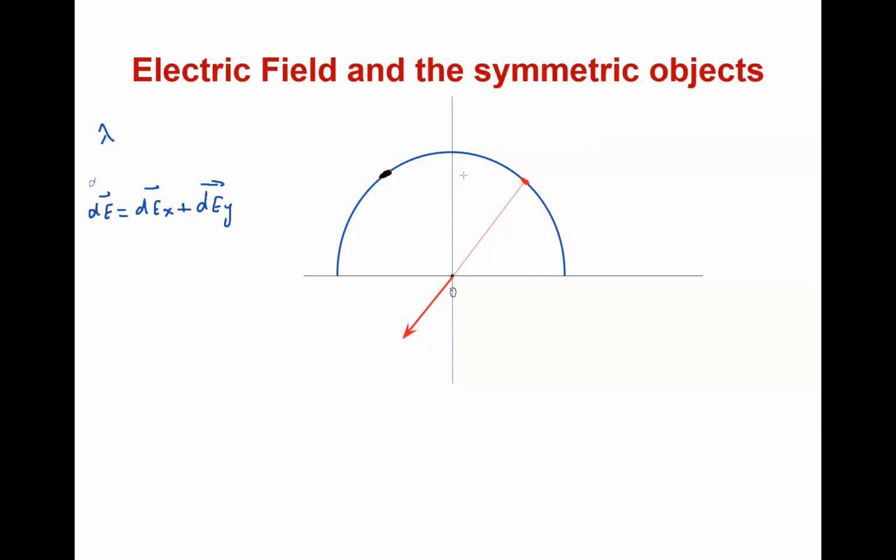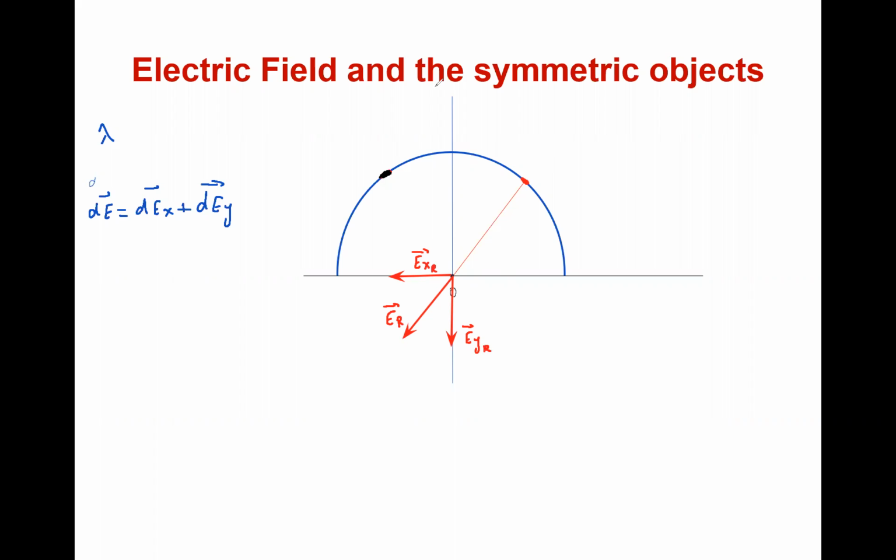This field has two components, EY and EX. This is for the left one. And here we have E for the right portion, with EX right and EY right.